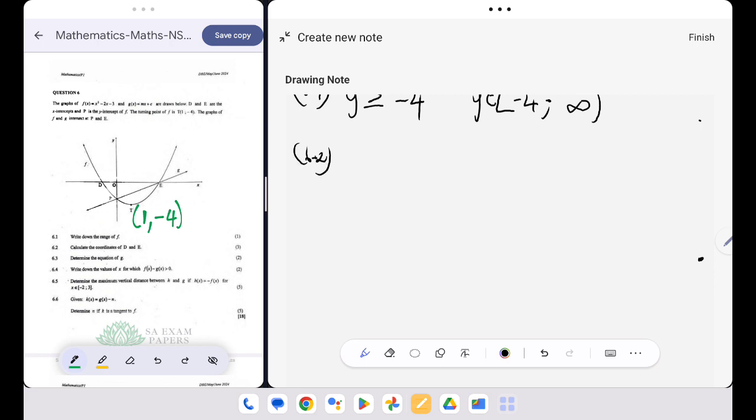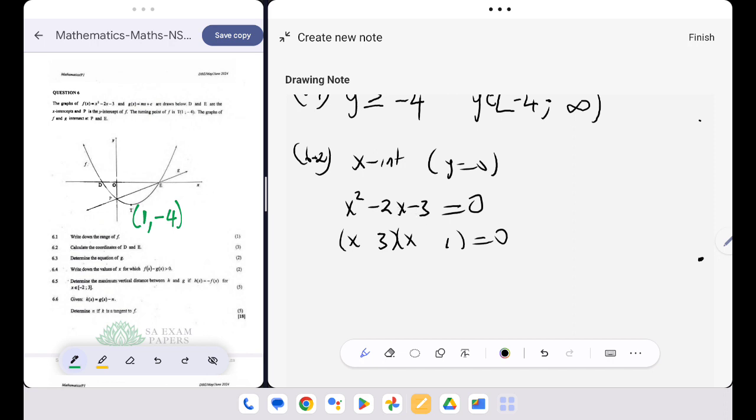6.2, calculate the coordinates of D and E. D and E are the x-intercepts, and as I said previously, whenever you calculate x-intercepts, I don't care which graph that is, just know that y is 0. So for my x-intercept, I need to make y 0, solve x. So I'll say x squared minus 2x minus 3 is equal to 0. Here I just need to factorize. I just want the factors of 3 that when I subtract will give me 2.